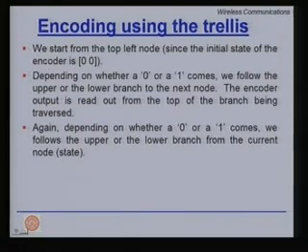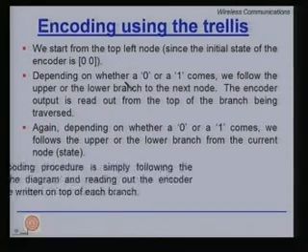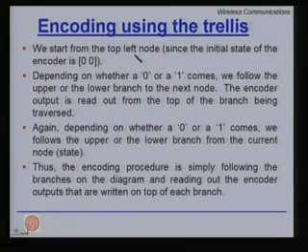First of all, the idea is that you start with the top left node, which is the state 0 0. Depending upon which bit comes in, whether a 0 or a 1, you choose whether to go on the upper branch or the lower branch. 0 if you want to traverse the upper branch, 1 implies go for the lower branch.